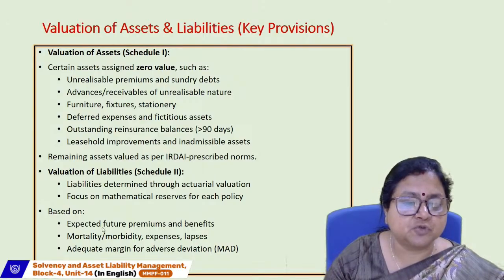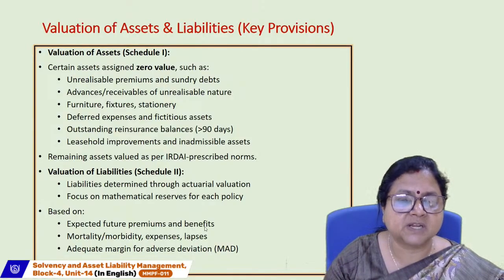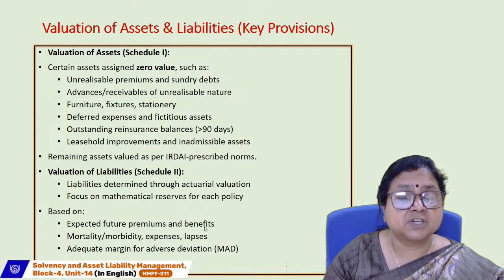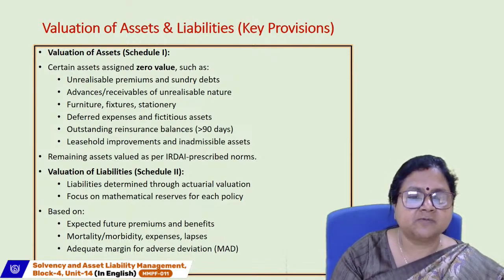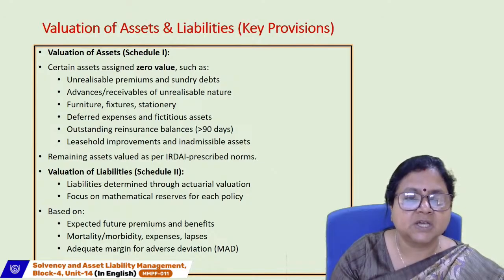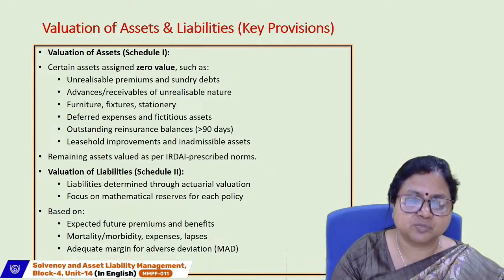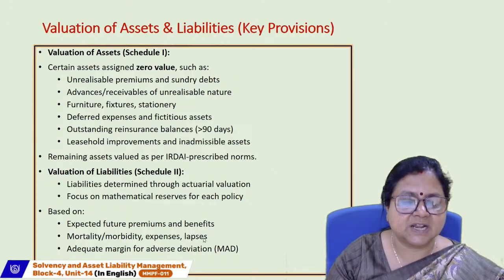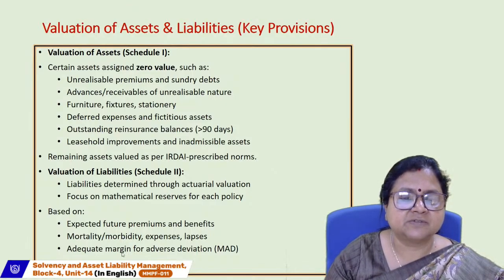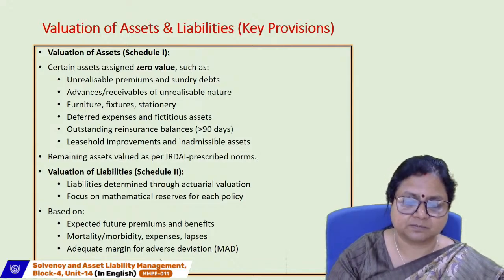It is based on the expected future premiums and benefits. If you see continued premiums, then you can assess the optimum claims that have to be settled. It also considers mortality, morbidity, expenses and lapses, and an adequate margin for adverse deviation.